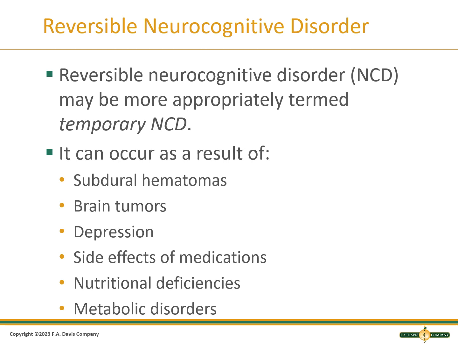Once the problem is taken care of, it goes away. It's kind of like with the delirium. Once the underlying effect is taken care of, then the problem goes away. So it's not exactly a neurocognitive disorder, but they call it reversible neurocognitive disorder.